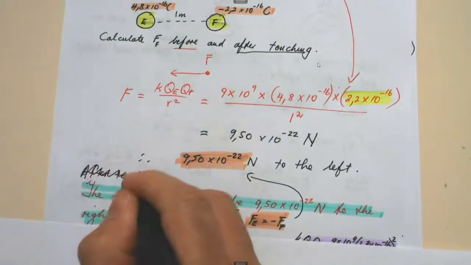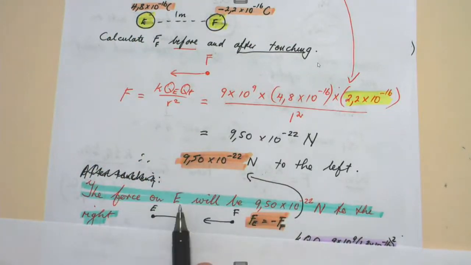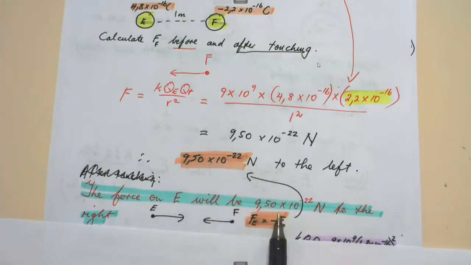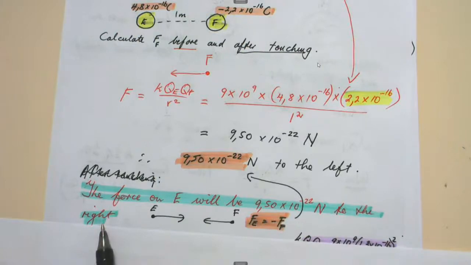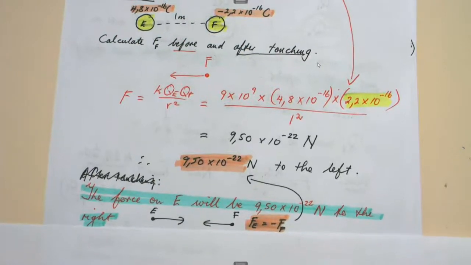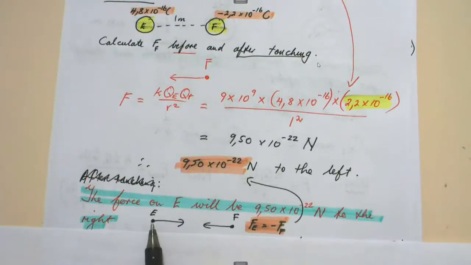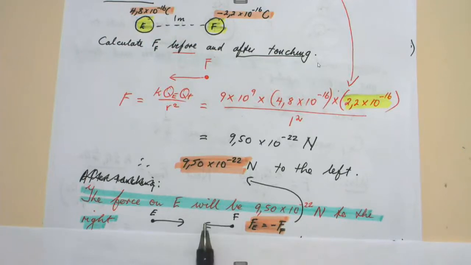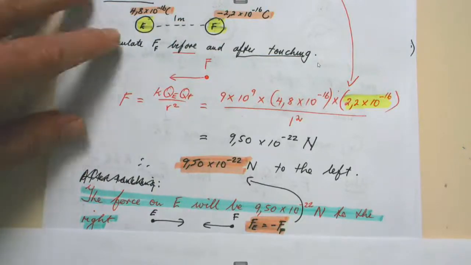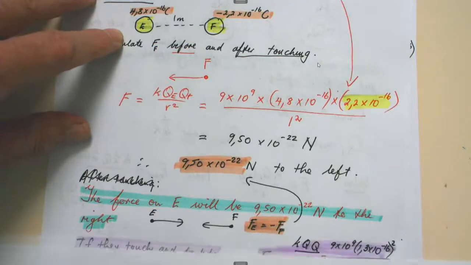I just made a note here where I say the force on E will also be 9,5, the same as the force on F. It will just be to the right. I think that speaks for itself. So what I've shown here is the force on E and the force on F. The forces are equal to one another, but opposite in direction. So both have the same magnitude, opposite in direction.